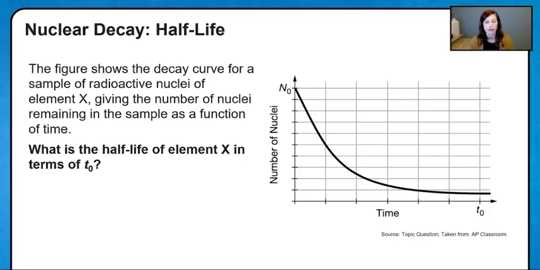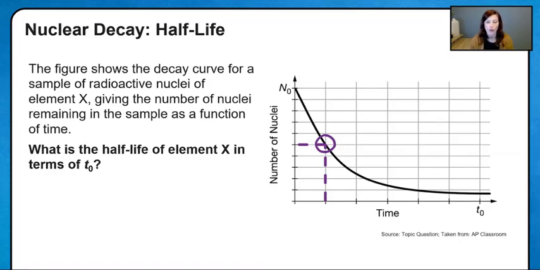I'm going to look at the vertical axis for a point where I have half of what I started with, which looks to be about right there. And I see that the time that happens is T0 over 6. So that means the half-life of this element, when half of the nuclei have decayed, is T0 over 6.